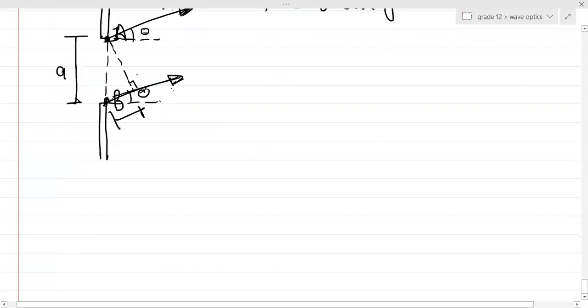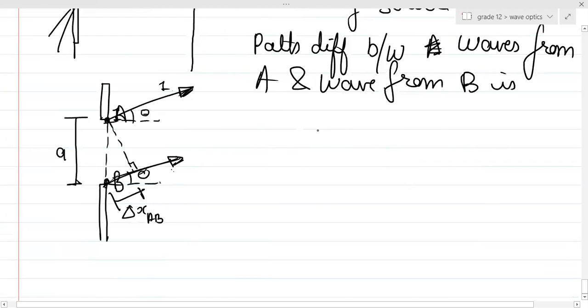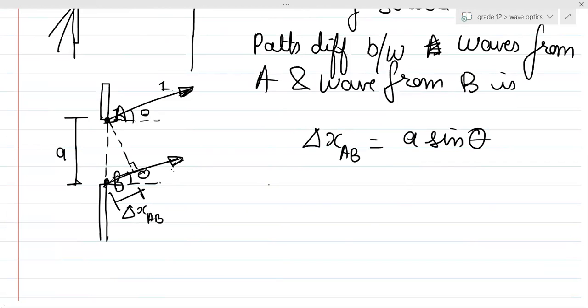So guys, can you see over here, if I want the path difference, will it be equal to this distance, the path difference between A and B, right? Yes or no? So the path difference between A and B is equal to a sine theta. Is it clear guys? Did you understand this much?